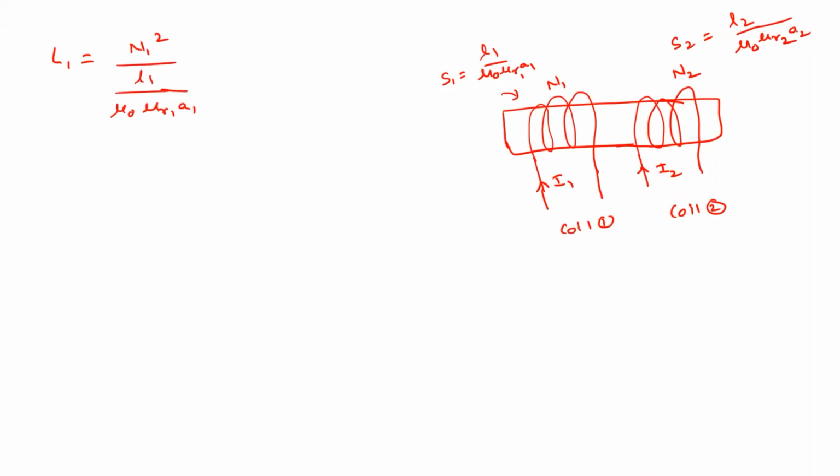That is the formula. So what is L2? L2 equals N2 square upon S2, that is N2 square by L2 upon mu naught mu R2 A2.